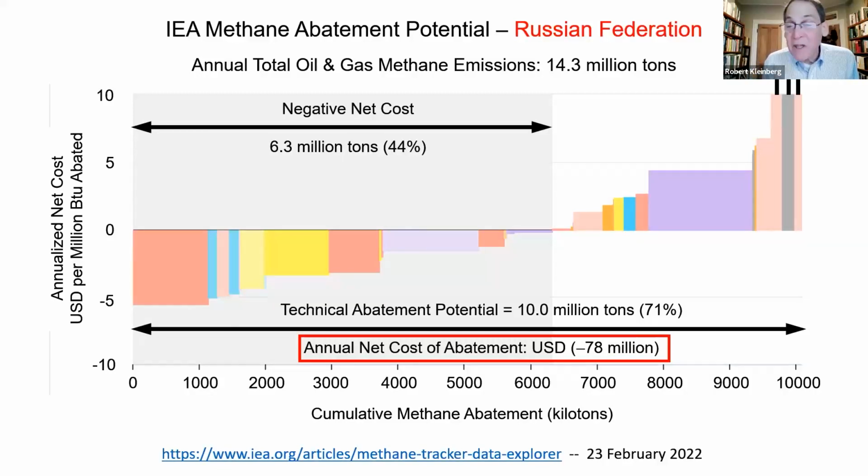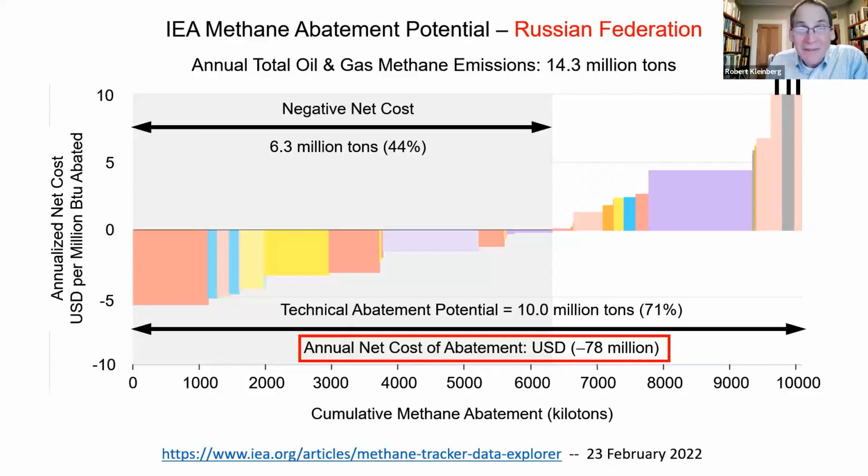Annual net cost of abatement, again, if you integrate these curves, which I have done for you, you come out with $78 million of profit. So the net cost is negative. That's a profit, which is chump change in the oil and gas industry. But, hey, you can fix your problem and actually make money, at least a little money.